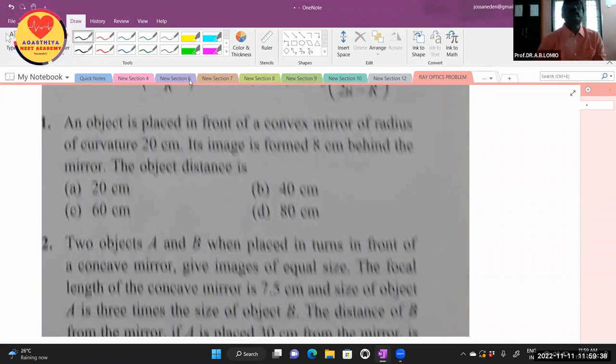An object is placed in front of the convex mirror of radius of curvature 20 centimeter. The image is formed 8 centimeter behind the mirror. What is the object distance? So you have to find the u value.